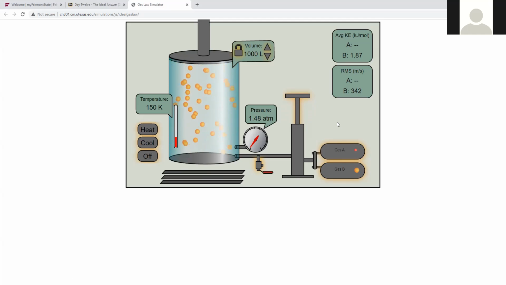The way I think about this is a balloon. If a balloon is just laying on the table and it's not blown up, there's very few air particles in there. Once I put it to my mouth and I blow in air particles, the number of air particles increases and the volume increases in that balloon. So that is a direct relationship. The more particles, the bigger the volume. That is pressure and amount of gas.